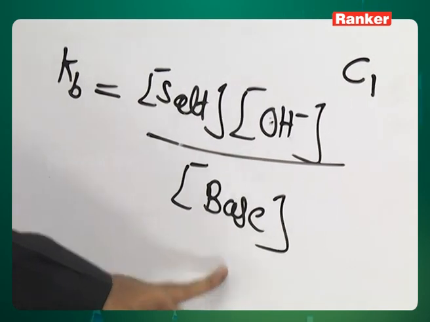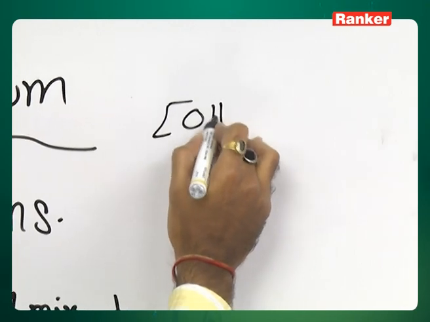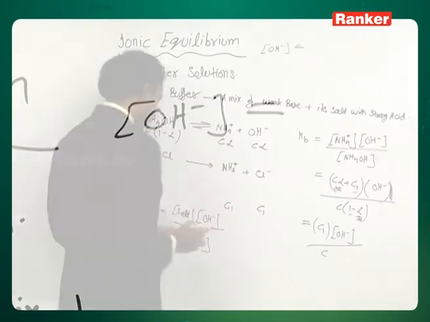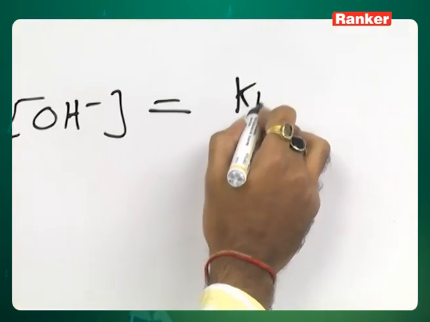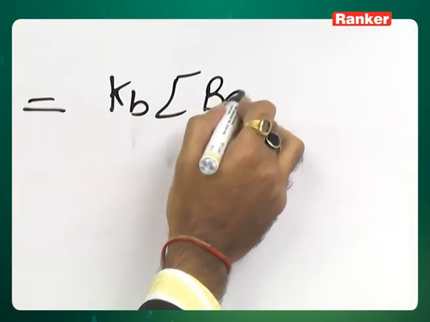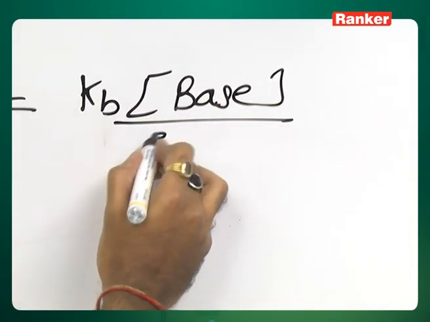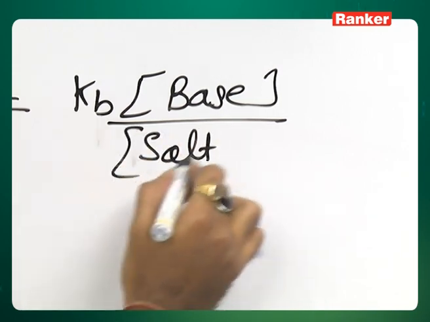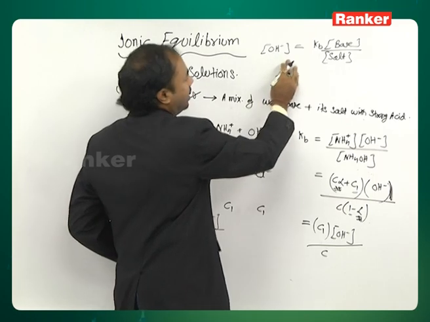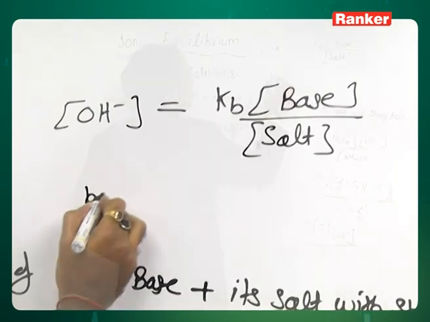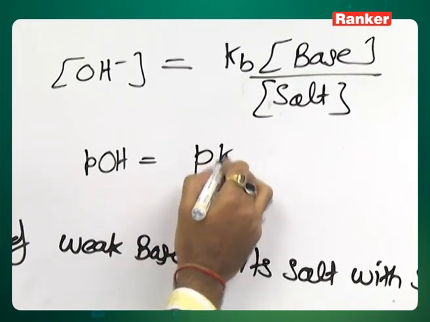Now from here we get hydroxyl ion concentration of the solution as equal to Kb into concentration of base by concentration of salt. We take minus log on both sides. So minus log of this OH minus concentration becomes pOH. Minus log of Kb will become pKb.